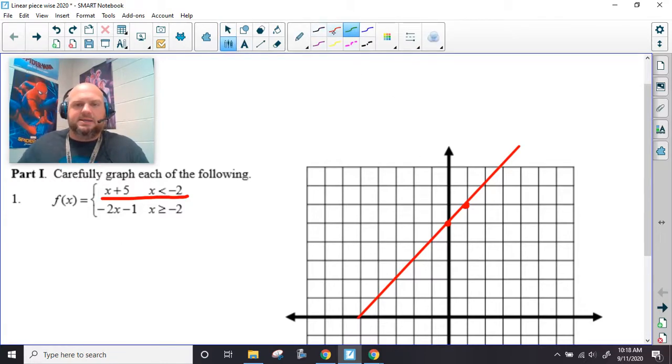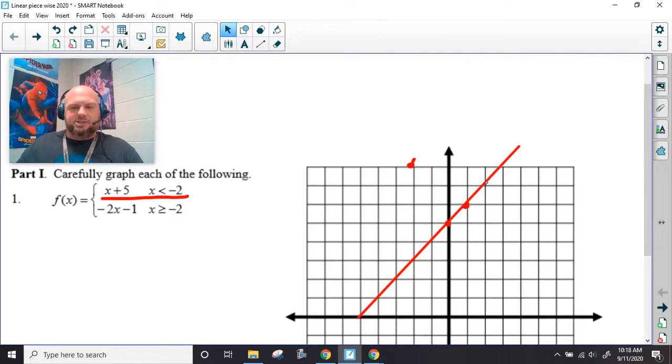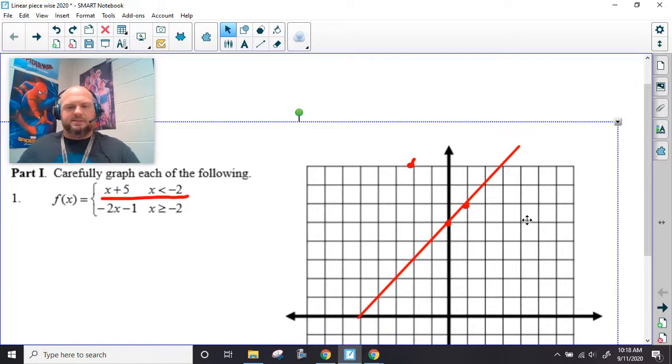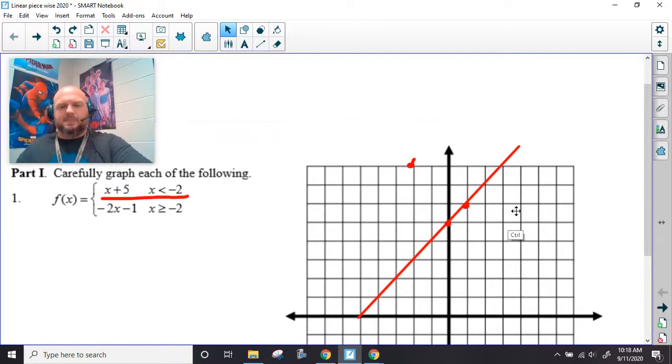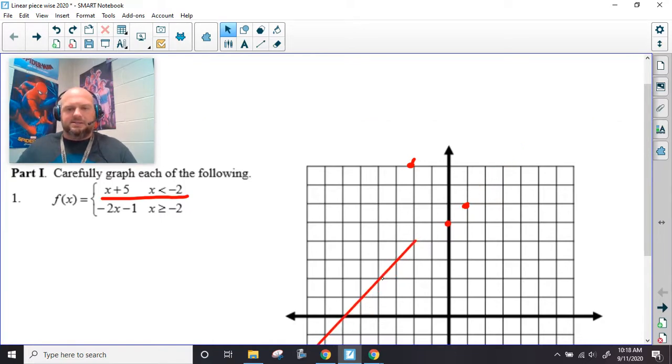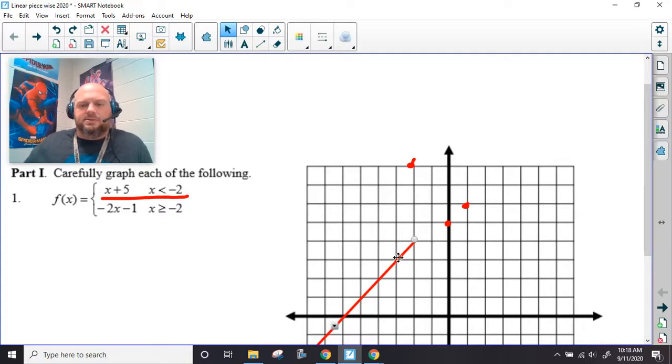Let's say I'm going to put a little tick mark right here where x is -2. So technically, this whole line has got to shift down like this. And because it doesn't have a line up underneath it, this should have an open circle.